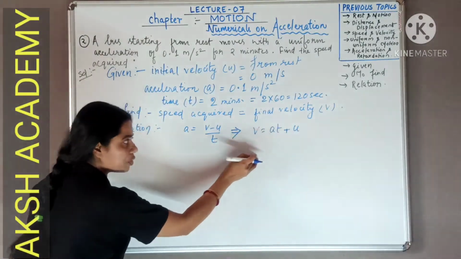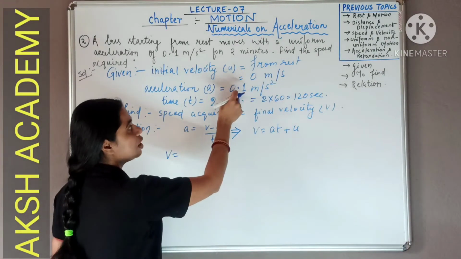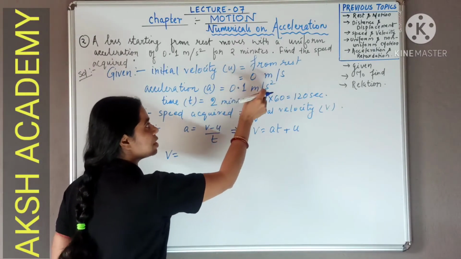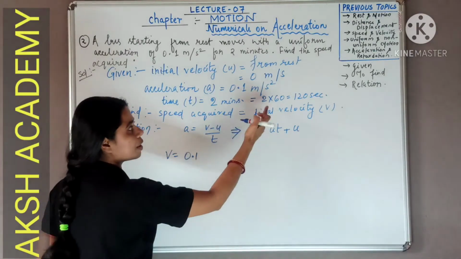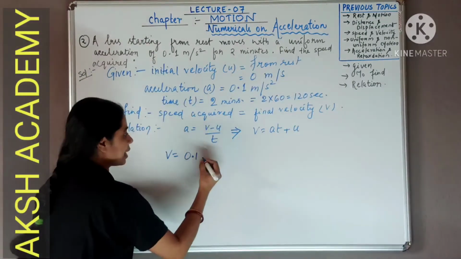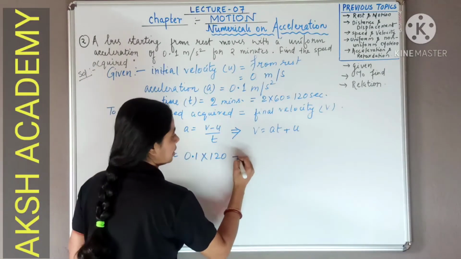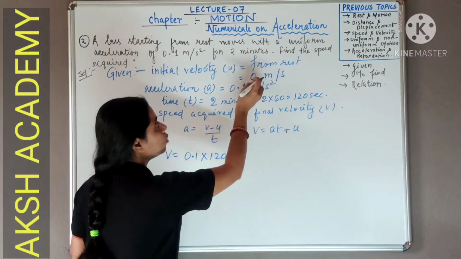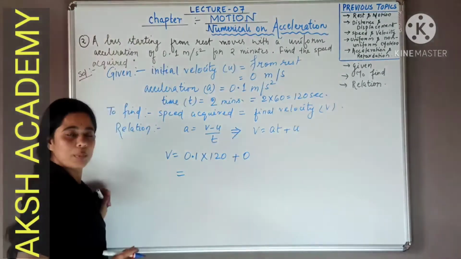So directly from this equation we will write v is equal to a, value is 0.1 meter per second square, 0.1. Time given is 120 second, into 120, plus what is the value of u? u is 0. So what will be the value?